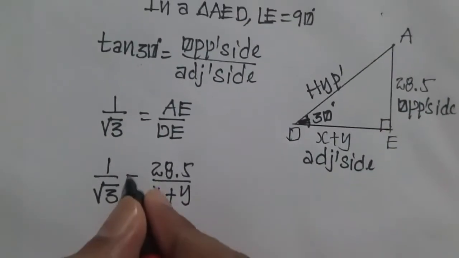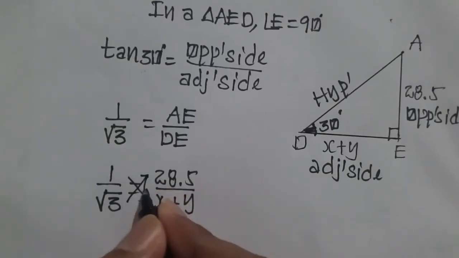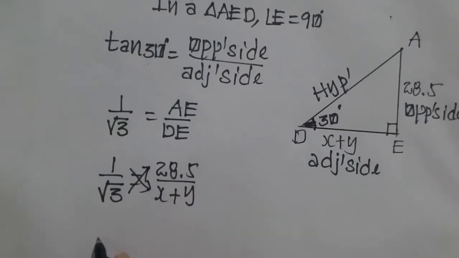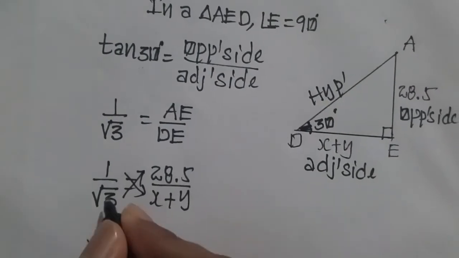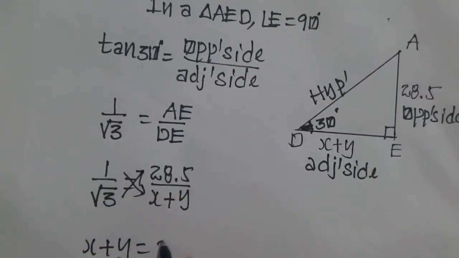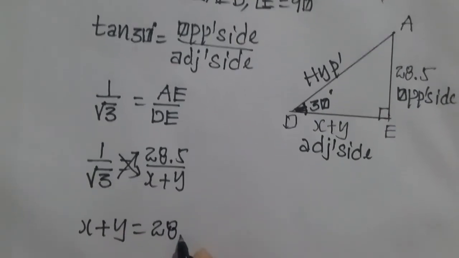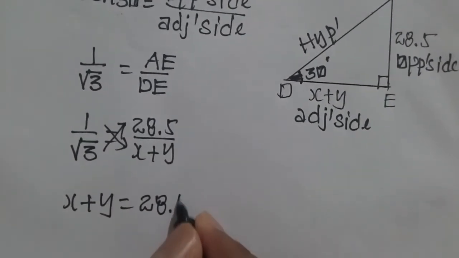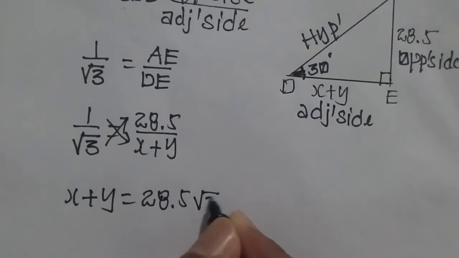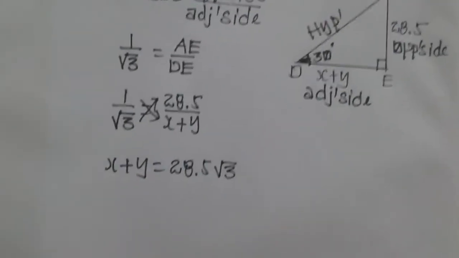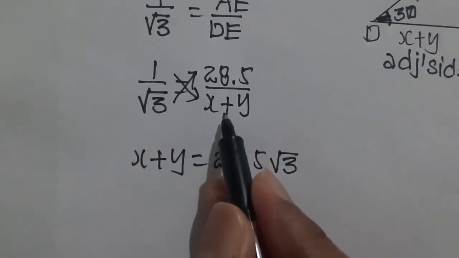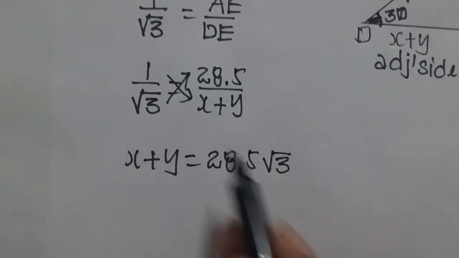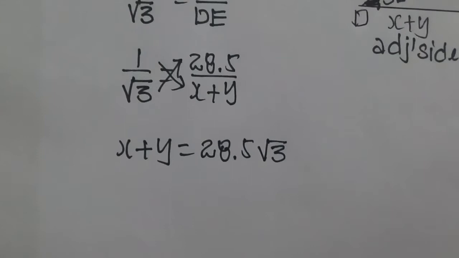Now by cross multiplication, 1 into X plus Y is equal to 28.5 into root 3. Here 1 into X plus Y, 28.5 root 3.